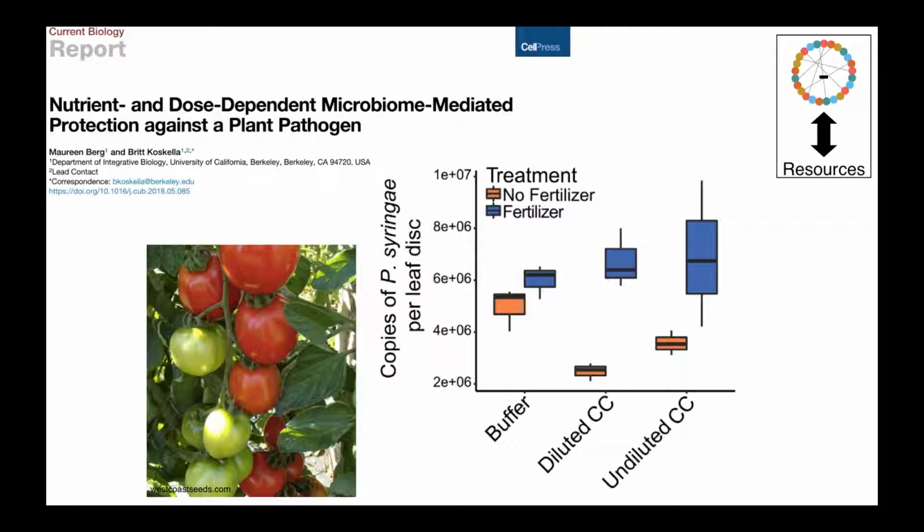The buffer is without the phyllosphere communities present, and this is a representation of the Pseudomonas infection. As the phyllosphere is added, either in diluted or undiluted amounts, the Pseudomonas infection decreases. But they also found that when they add fertilizer, that suppression goes away. So there's some sort of resource-mediated interaction here, potentially resource competition.